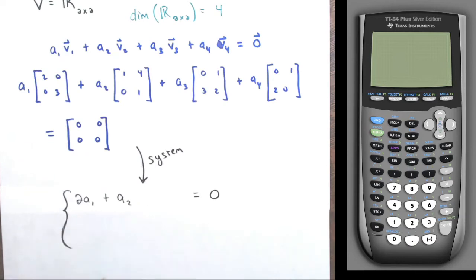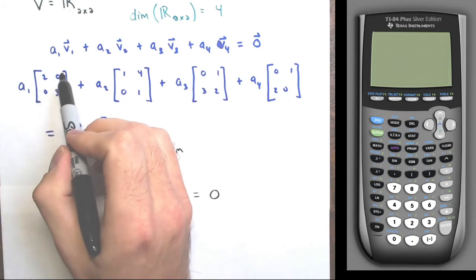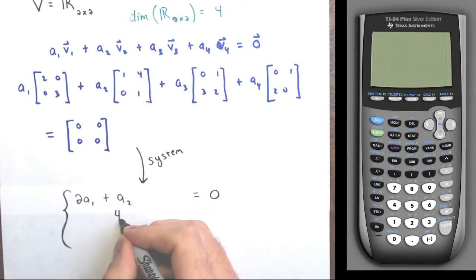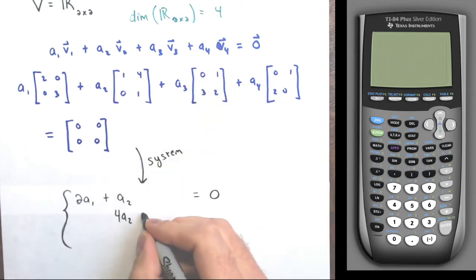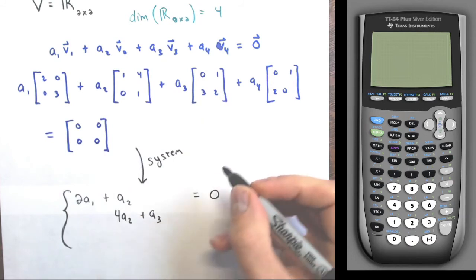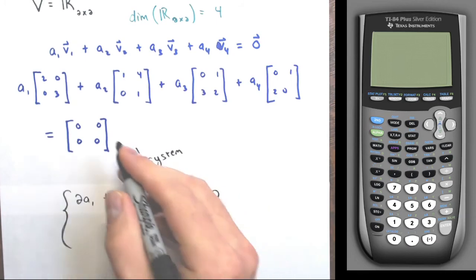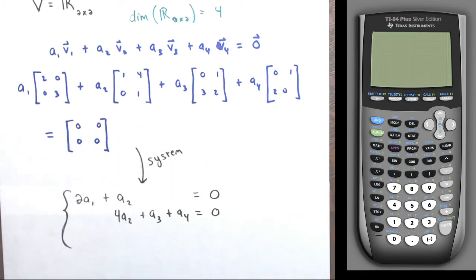So that would have to be true. Now let's look at the first row, second column entries. You have 0a1 plus 4a2 plus 1a3 plus 1a4, which would also have to be equal to 0, the first row, second column entry of the 0 matrix.